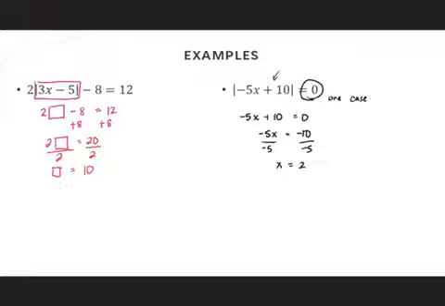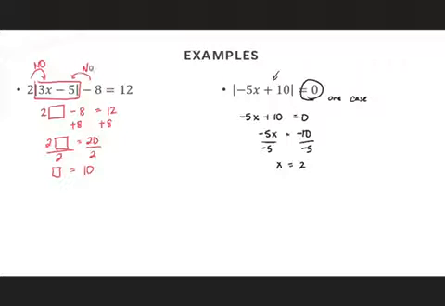When you are isolating absolute values, I want you to think of it that way. I cannot, under any circumstances, well, you can in higher levels of math, multiply that number in. Do not do that.